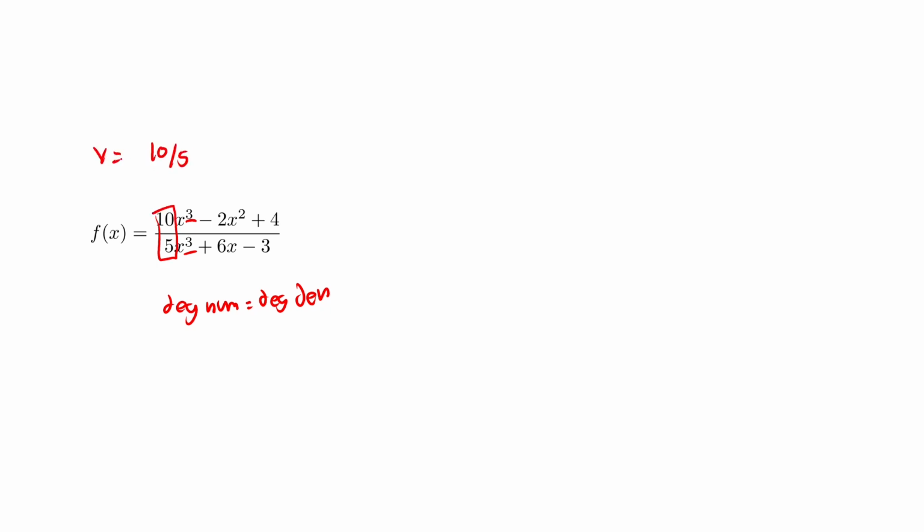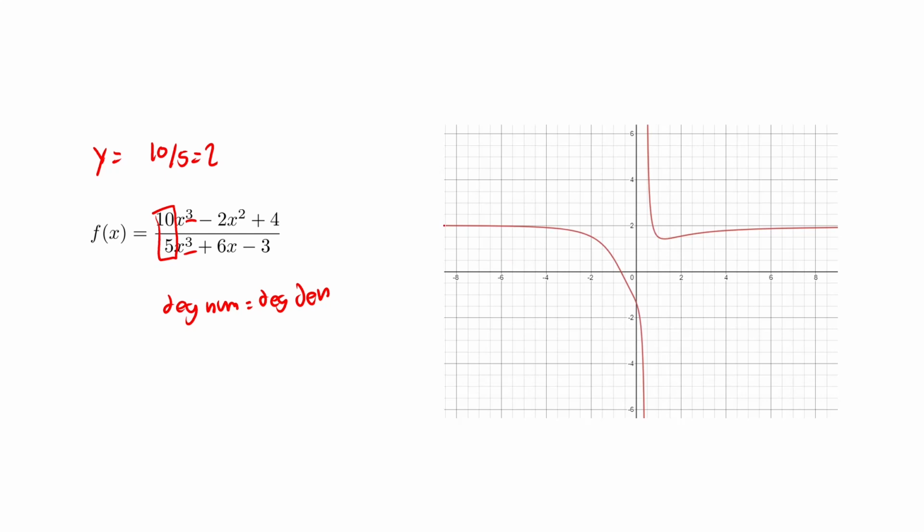And finally, if the degree of the numerator and the degree of the denominator are the same, that is to say those two numbers are equal, then the general rule is that you look at the lead coefficients. The horizontal asymptote will be the ratio of the lead coefficients, which we can see in the graph of the function here.